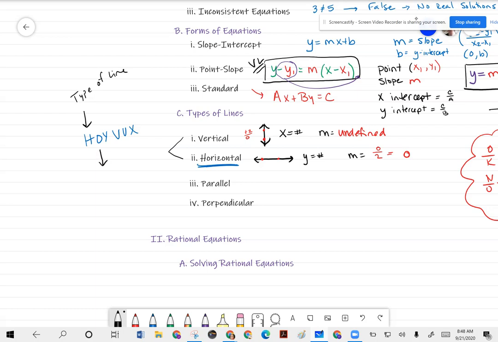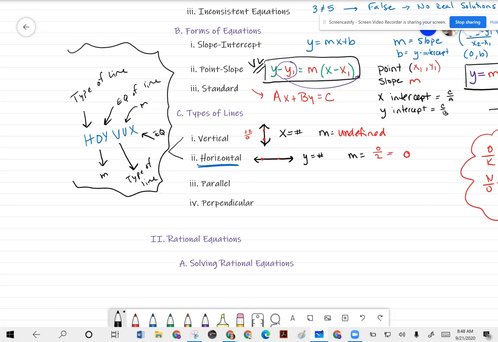This is going to be the slope, and that is going to be the equation of the line. And then this is going to be the type of line, this is going to be the slope, and that is going to be the equation. So HOIVUX, right? Just a little way for you to, again, just kind of keep those things straight.